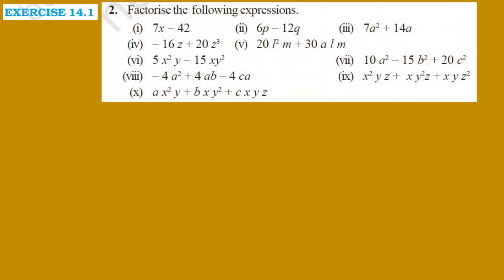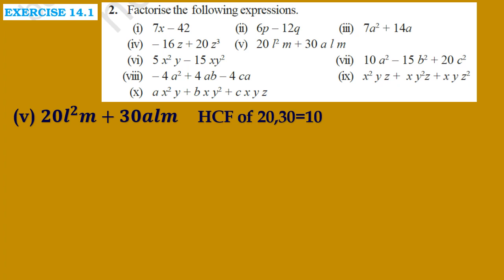Question number 5. 20l square m plus 30alm. So l and m are common, you can see. And what is the HCF of 20 and 30? It is 10. So the common factor is 10lm, so 10lm we have to take out.